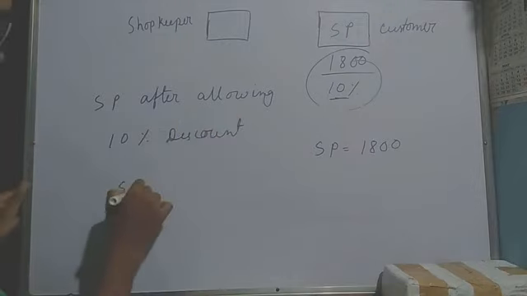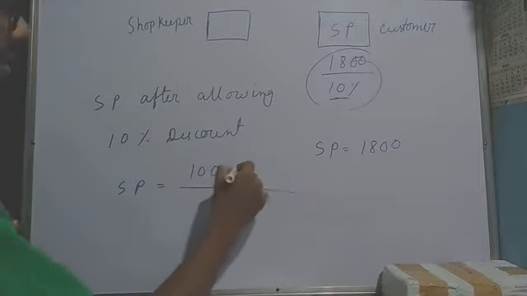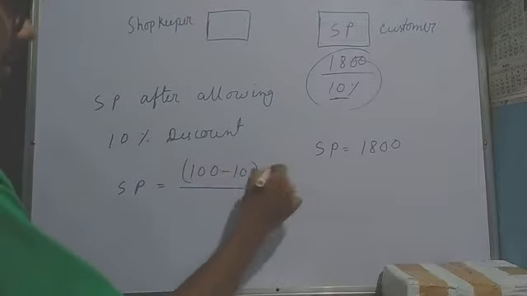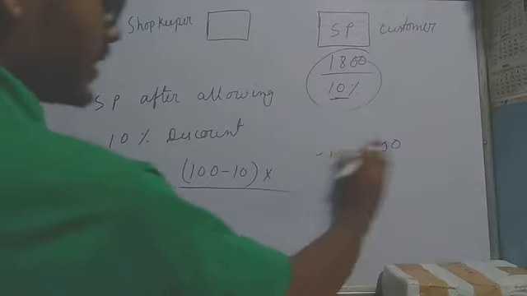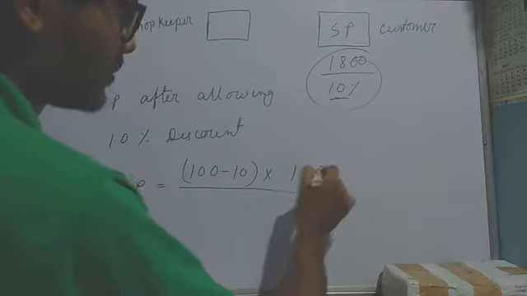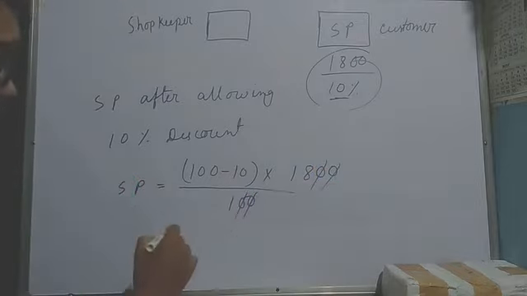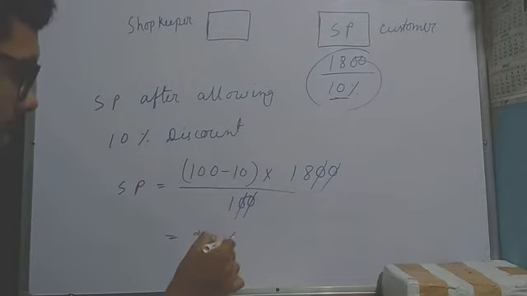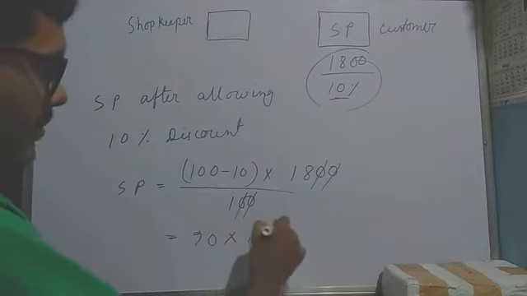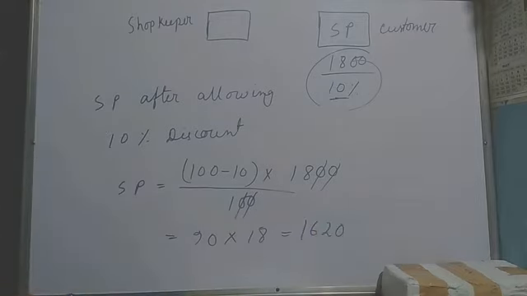So what will be the SP? Use the SP formula: 100, in case of discount it will be minus 10, multiplied by 1800 by 100. Cancel 00. It will be 90 multiplied by 18, which is 1620. That is your answer. This question is a little bit hard to understand.